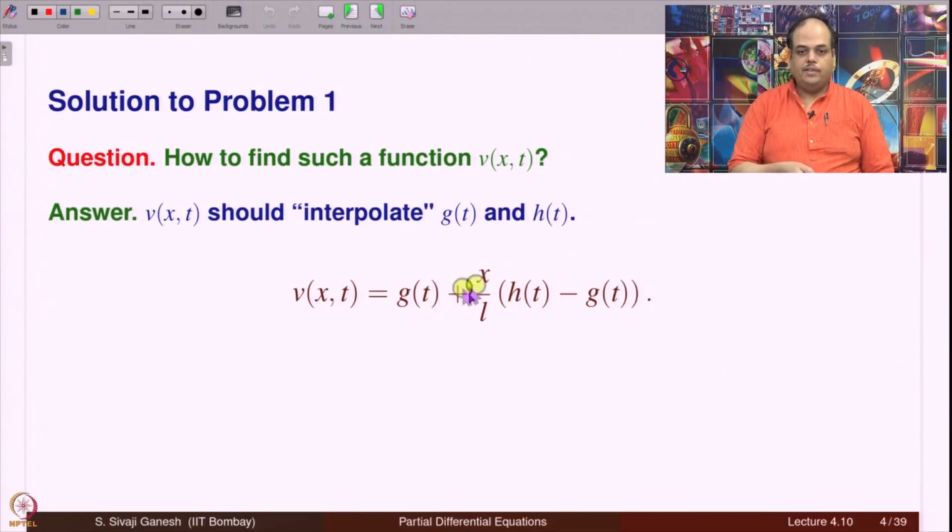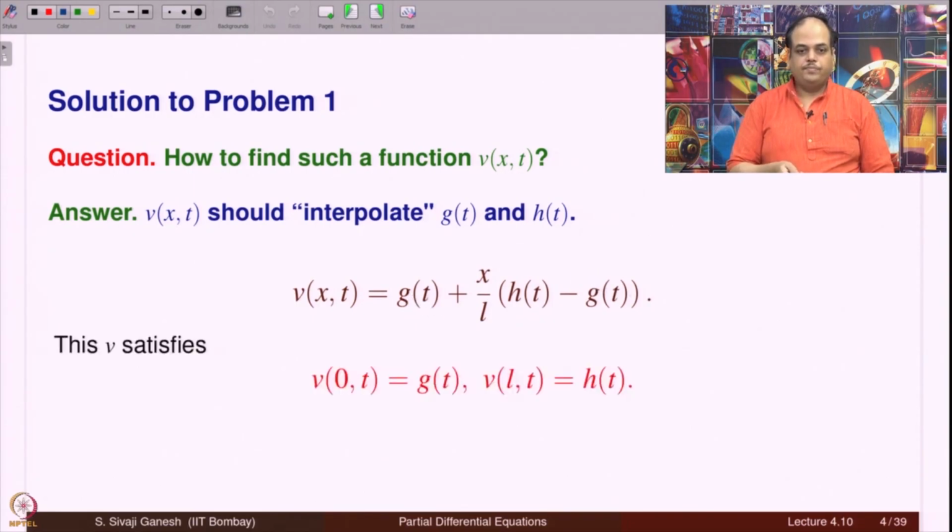If you are familiar with the terminology in numerical analysis, you will immediately follow why it is called interpolation. Now look at v(x,t): when I put x equal to 0, this term is not there because x is 0, and what I get is g(t). When I put x equal to L, L by L is 1, so it is h minus g and a plus g, therefore we get h.